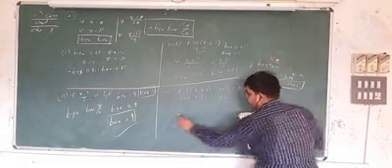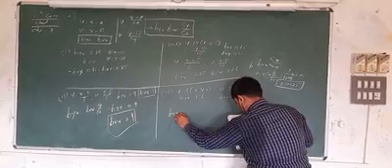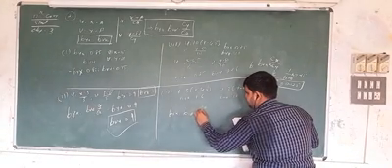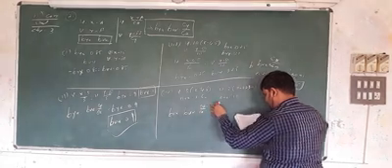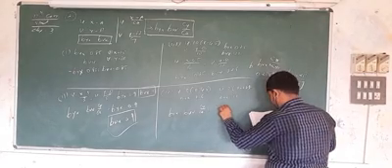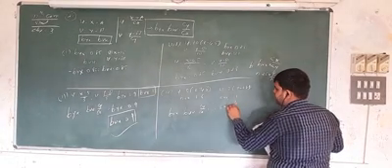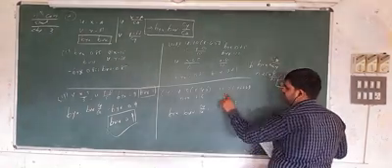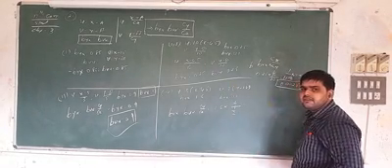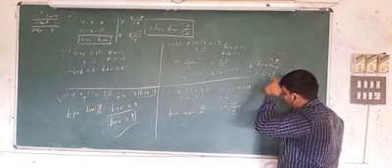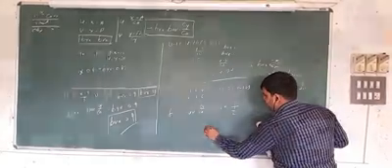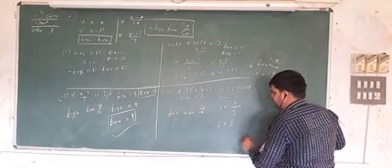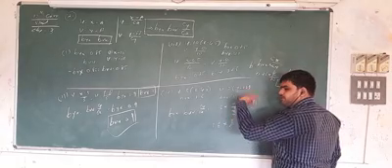Here also the same: byx is equal to bvu into cy by cx. Put the value 1.6 into 1 by 5, because this 5 goes down, so 1 by 5 divided by 1 by 2. This 2 again goes from numerator to denominator, so 1.6 into 2 by 5, numerator goes into denominator.